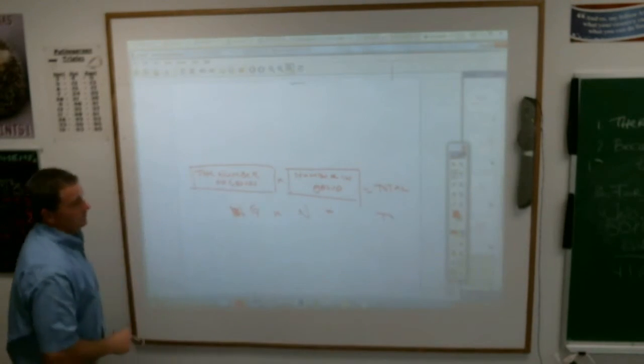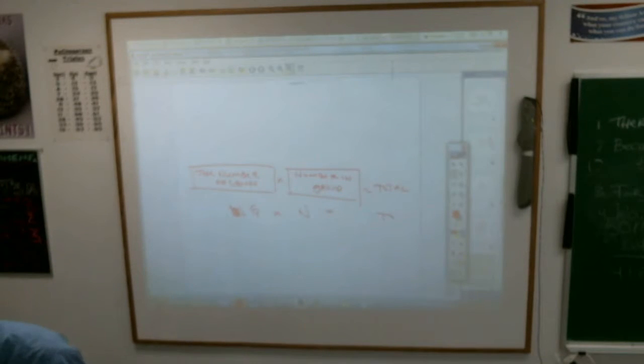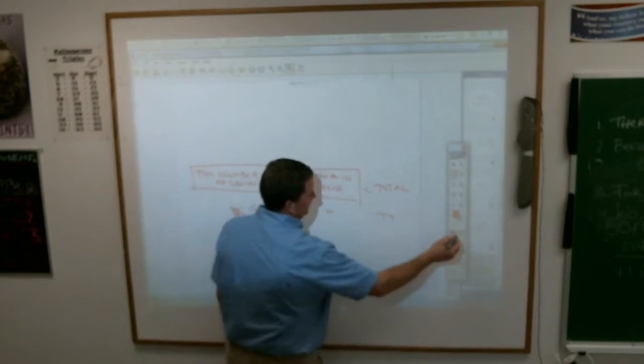That's kind of the pattern. Maybe the book writes it the other way. It doesn't really matter. Now that doesn't make a lot of sense until we jot down a problem.